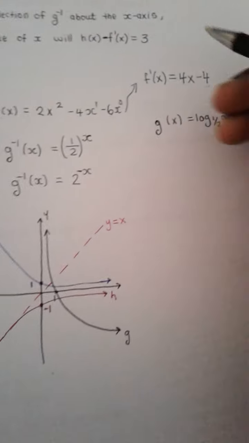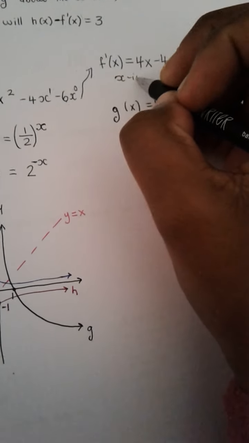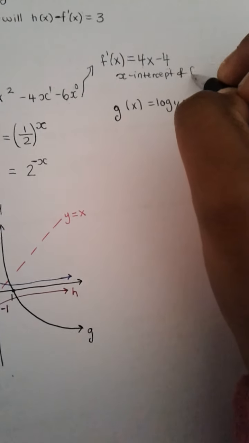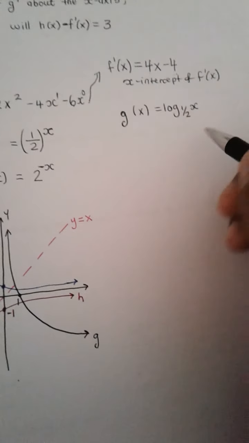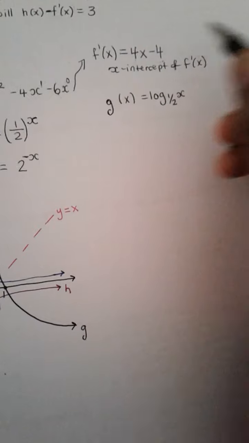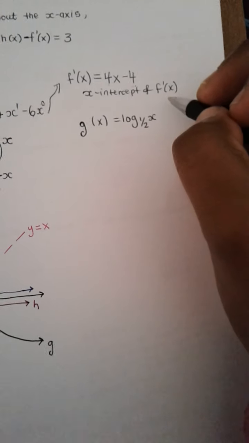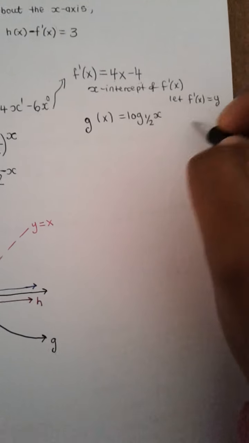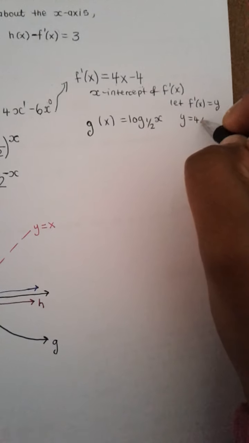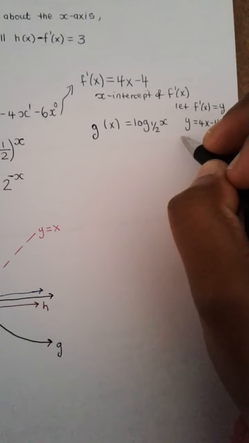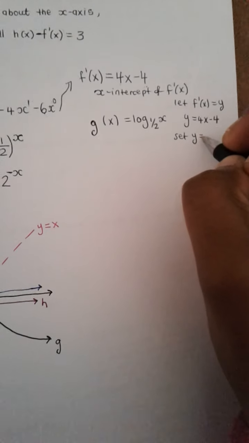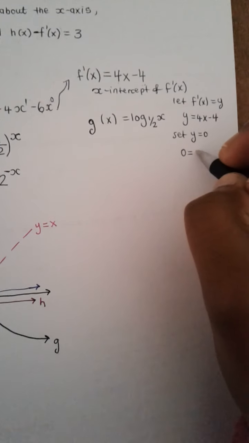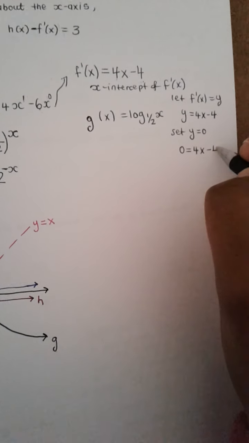And let's just determine the x-intercept of f prime of x. Remember that for the x-intercept, you're going to set y equal to 0. So let f prime of x equal y. So y equals 4x minus 4. And then we set y equal to 0, so we'll have 0 equals 4x minus 4.